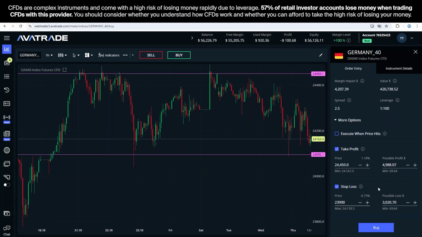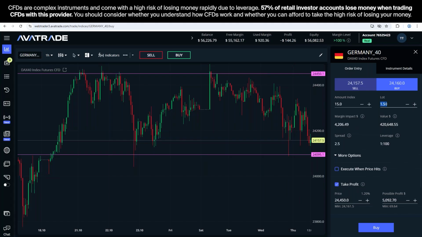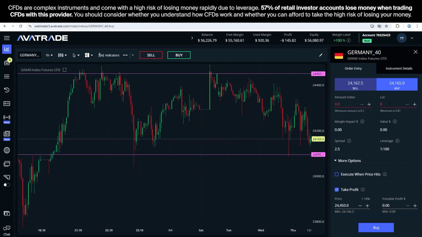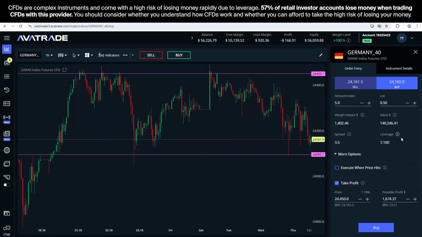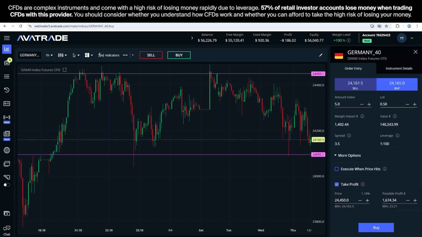23,990. Okay, so my ratio is not quite 2 to 1, 5,000 plus potential profit, 2,900 risk with this setup. And now I just need to adjust my trade size. So if I do half a lot, let's say, I'm looking at risk of 995.